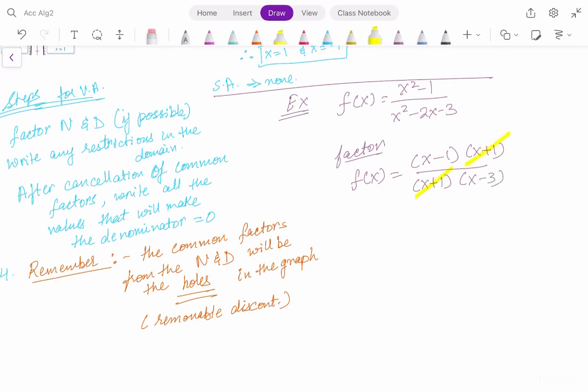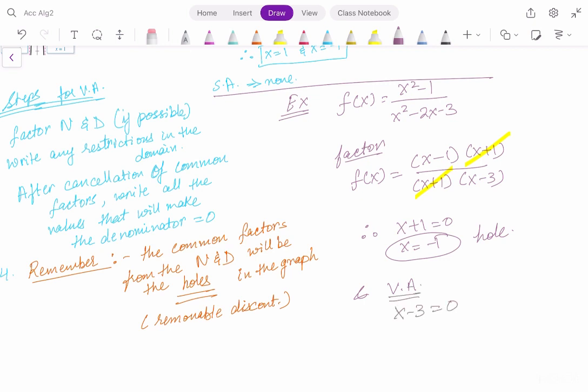Now, because we are able to factor, you can see I can cancel out the factor x plus 1 from the numerator and denominator, and that is where we define the hole. So x equal to negative 1 will be a hole, and that is nothing but a removable discontinuity.